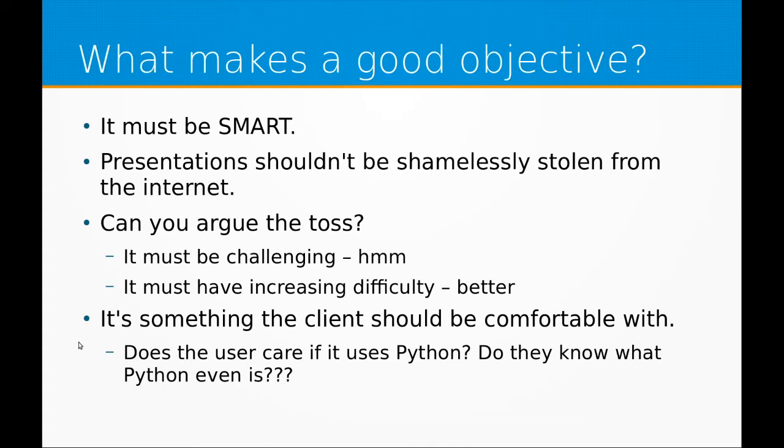I'd say that the objectives need to be in the client's language. It needs to be in a language where your user will be able to read it and say, yep, that all makes sense to me and I'm happy with that. If you're trying to make a computer game, does the user care if it's in Python?